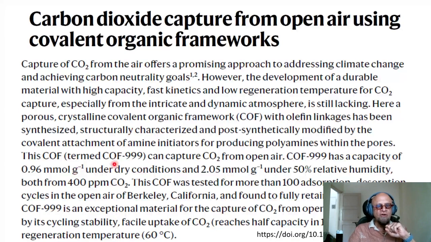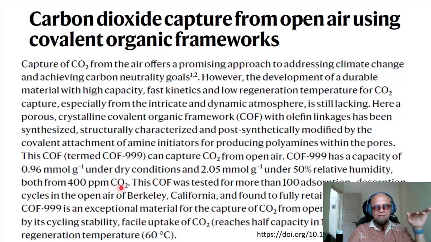This COF, or covalent organic framework, called COF 999, can capture CO2 from open air. COF 999 has a capacity of 0.936 millimole per gram under dry conditions and 2.05 millimole per gram under 50% relative humidity, both from 400 ppm CO2.